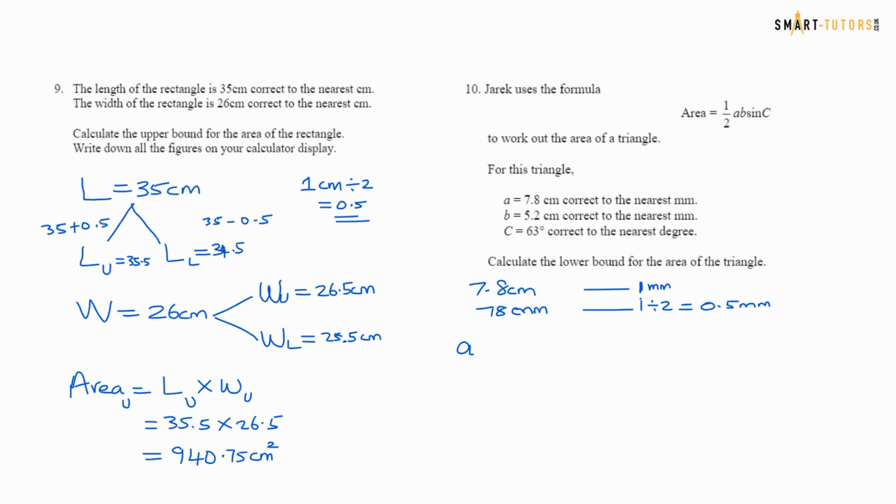So A upper bound and A lower bound. A upper bound is what? 78 plus 0.5, 78.5, right? 78.5 is the upper bound and 77.5 is the lower bound, but this is in millimeter.